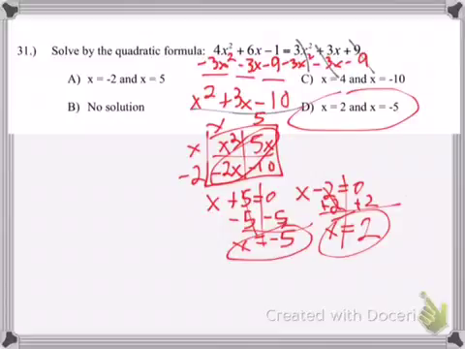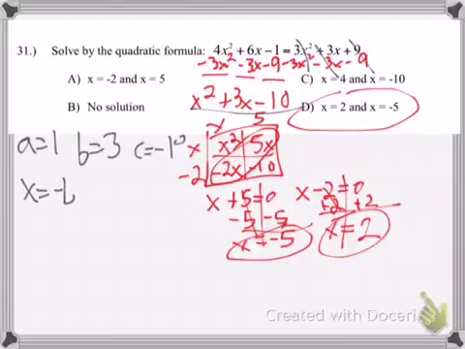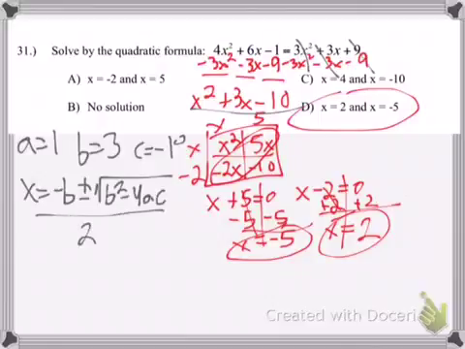I use the area model, but if we were going to use the quadratic formula here, A would be 1, B would be 3, and C would be negative 10. My quadratic formula is x equals negative b plus or minus square root b squared minus 4ac all over 2a.